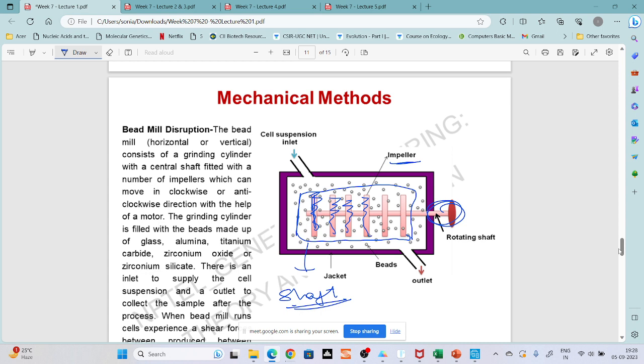Now why I am saying to remember all these things is because I don't know whether you will have your bioprocessing subject or not, but if you do, then you will repeatedly be using these terms: impeller, shaft. The shaft is what causes the rotation, and what is actually rotating are the impellers. And this jacket is there.